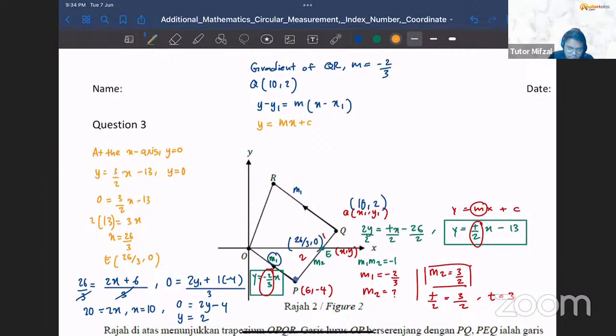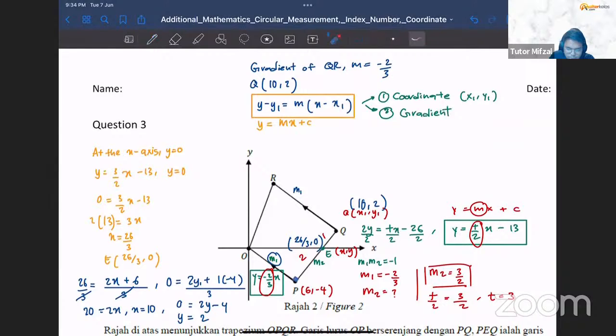The other one, you can use y minus y1 equivalent to m(x minus x1). So to use this formula, you will need to find two stuff. The first is you need to have a coordinate, the x1, y1 tu. And number two, you kena tahu gradient. Baru you boleh guna this formula.